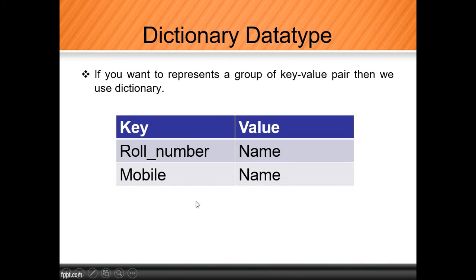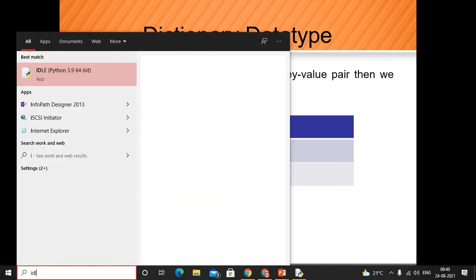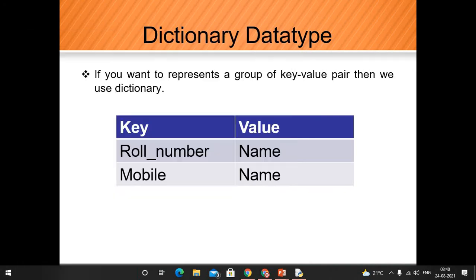In the key we can use heterogeneous values, and in the value we can use heterogeneous values. Don't worry about that. It supports heterogeneous values, so there are no problems with them. So let's do the practical. Here I will open the IDLE tool.